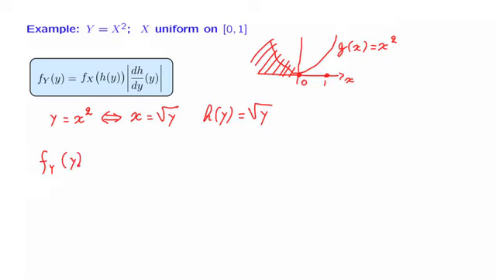The density at some particular little y, where that little y belongs to the range of values of interest. X takes values between 0 and 1, so y also takes values between 0 and 1. So over that range, the density of y is the density of x, which is uniform, therefore it is equal to 1, times the derivative of the square root function.